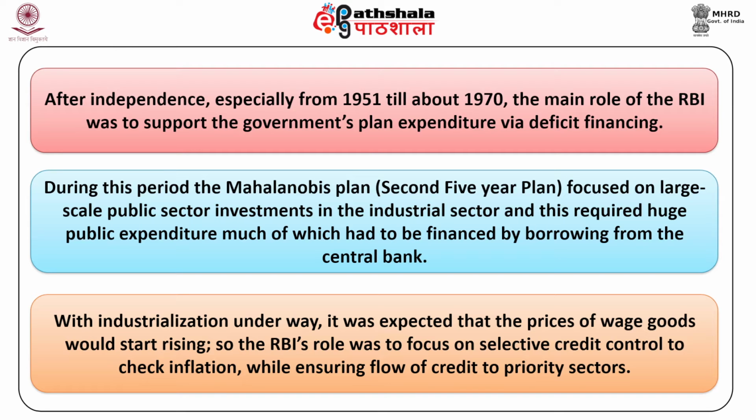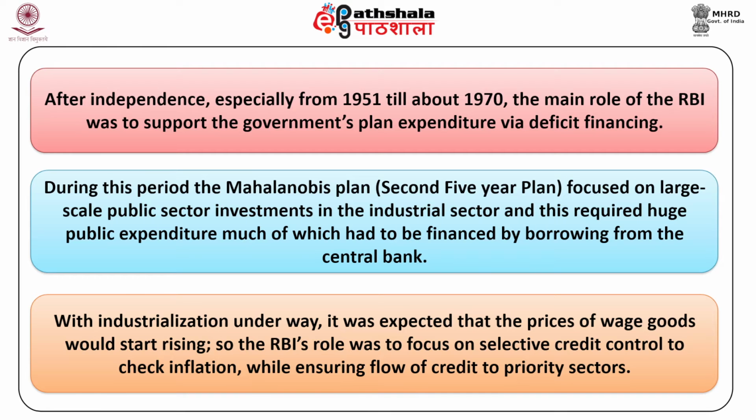During this period, the Mahalanobis plan, that is the second 5-year plan, focused on large-scale public sector investments in the industrial sector, and this required huge public expenditure, much of which had to be financed by borrowings from the central bank. With industrialization underway, it was expected that the prices of wage goods would start rising.